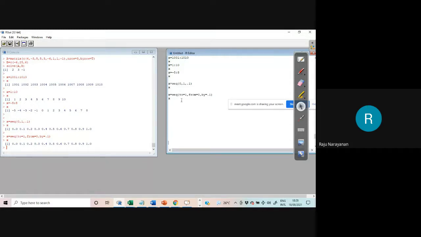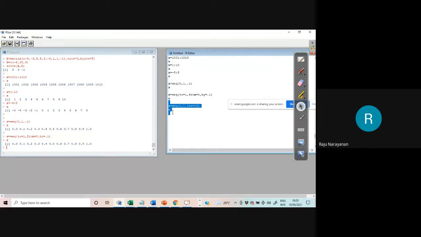And you can decide the number of elements. For example, X is equal to sequence 0 to 1, length, or LEN, let me check. Length is equal to 50. I think it is LEN only.